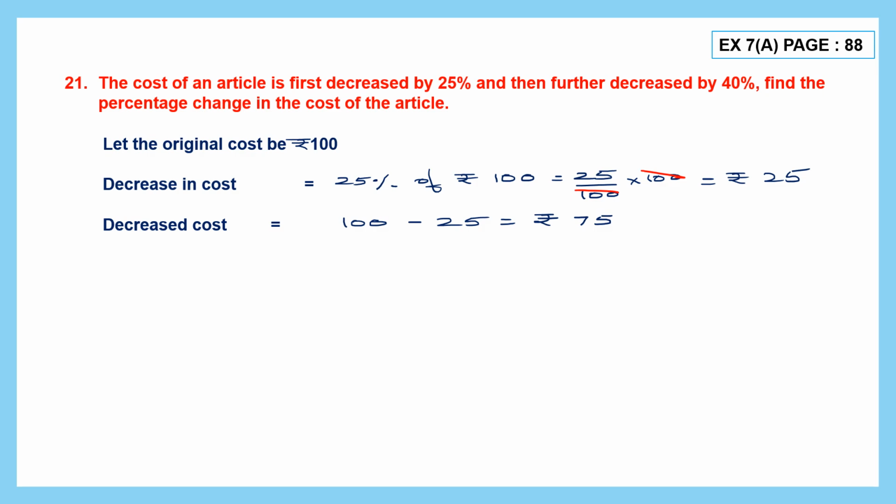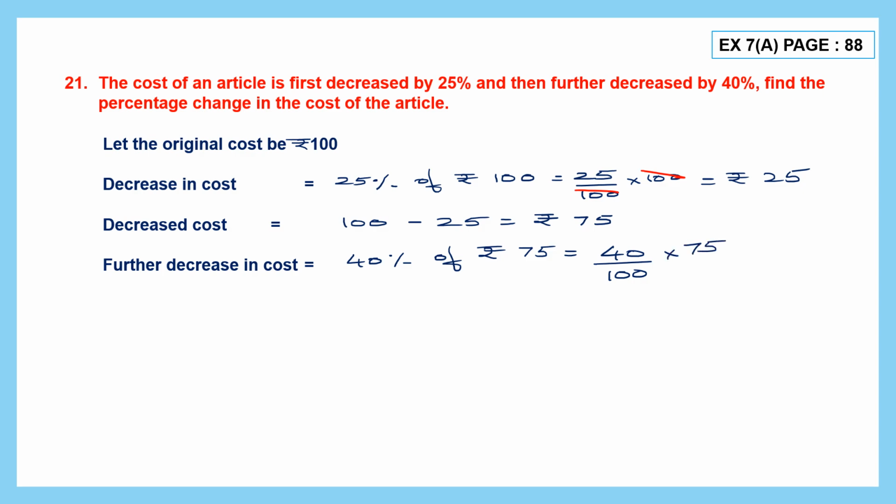Now from the decreased cost, what does it say? Again, it is further decreased by 40%. So again, we need to find the decrease in cost. The decrease in cost is 40% of this new decreased cost, which is 75 rupees. So that will be 40 by 100 into 75.